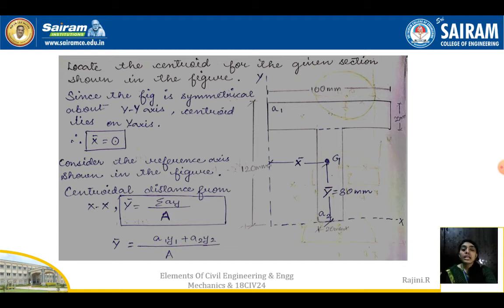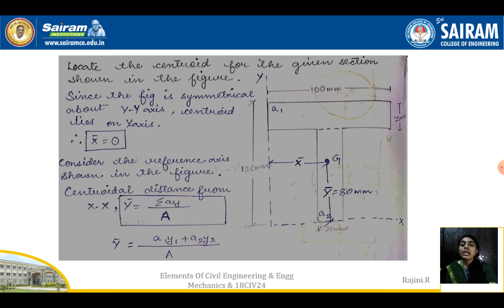Consider the reference axis shown in the figure. Guys, the first step is you need to mark the reference, that is the x-axis and the y-axis. You can take the x-axis at the top also, and you can take the y-axis on the right also. But for our convenience, please always mark the base as x and the left side as y-axis.